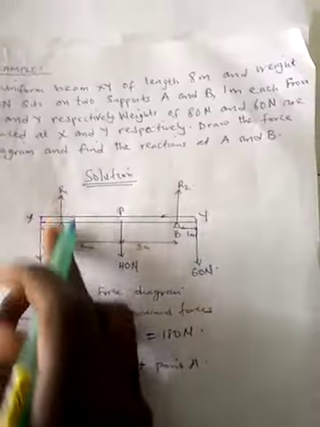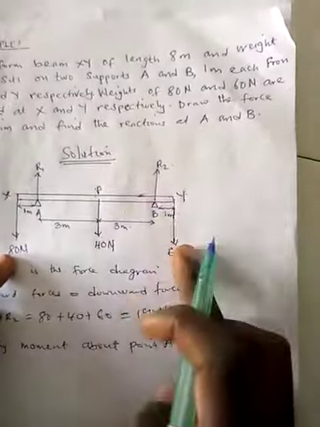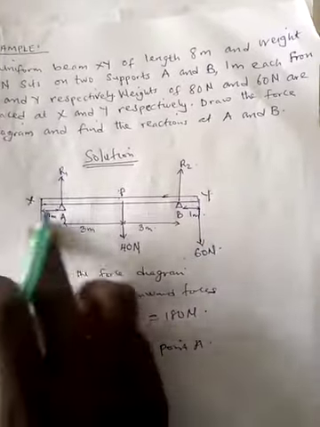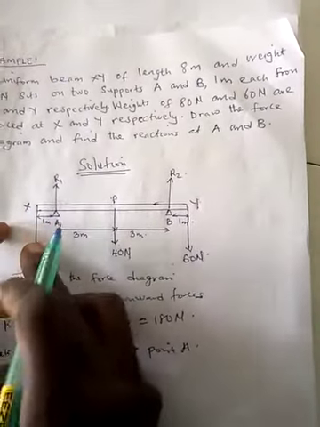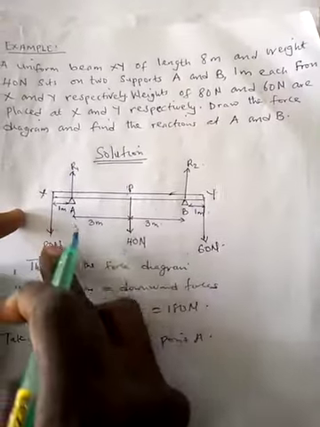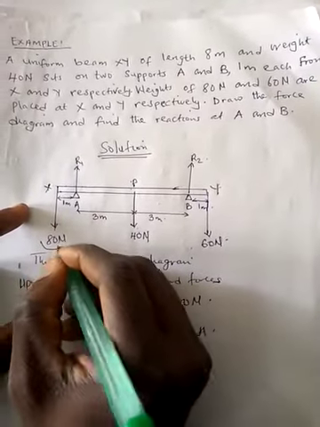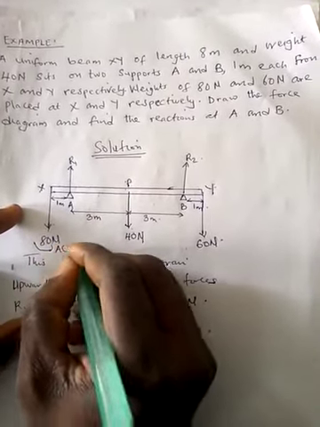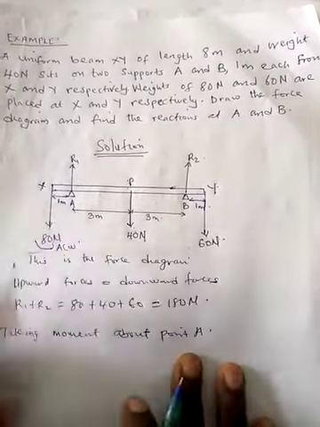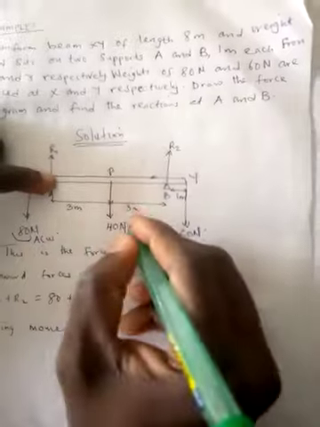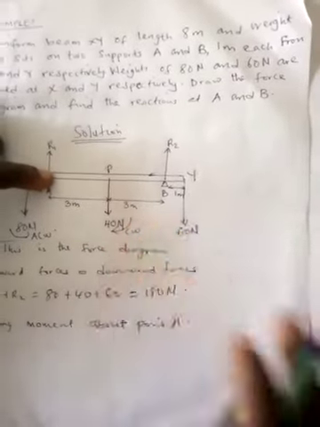Taking moment about this point, assuming this force is not there, because the direction is downward this way, it tries to rotate the beam in this direction, and this is the anti-clockwise direction. Now if you look at this other force here, assuming the others are not there, this force will tend to rotate the beam in this direction. So this is clockwise direction.